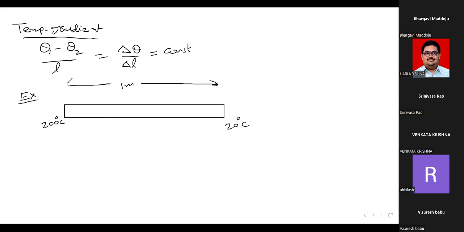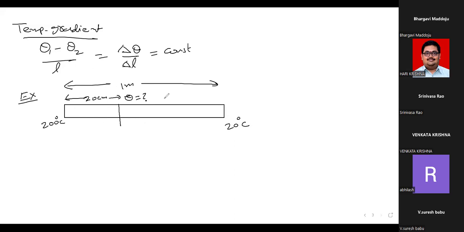Now I want to find the temperature at a point at a distance of 20 centimeters from this end, which is the zero point.